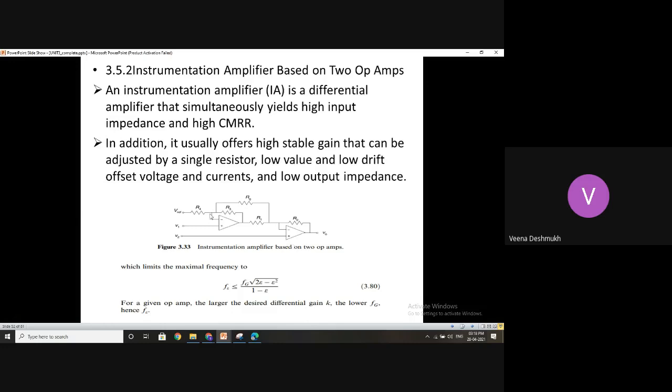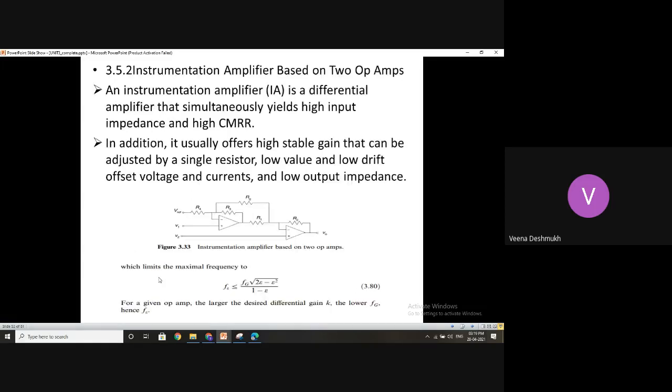Similar to this equation, here the output voltage VO will be VO1 minus V2 and this gain. So R2 by R1 is for inverting and R1 plus R2 by R1 into V2 will be the gain for this terminal. This is how we generate the total output.